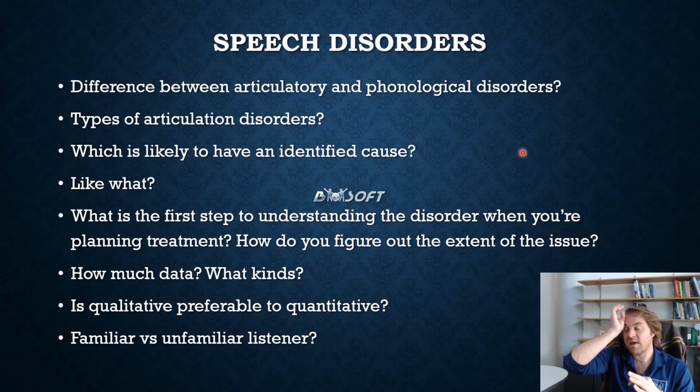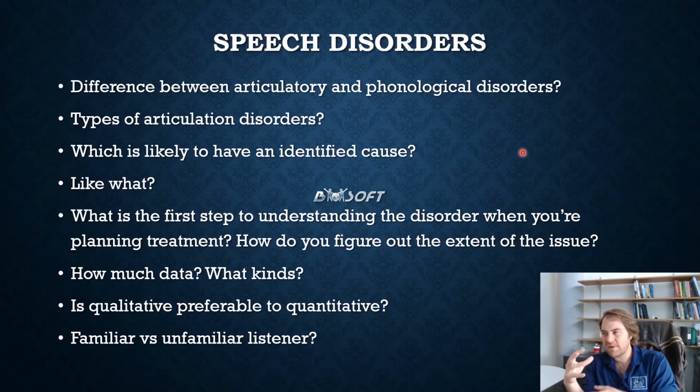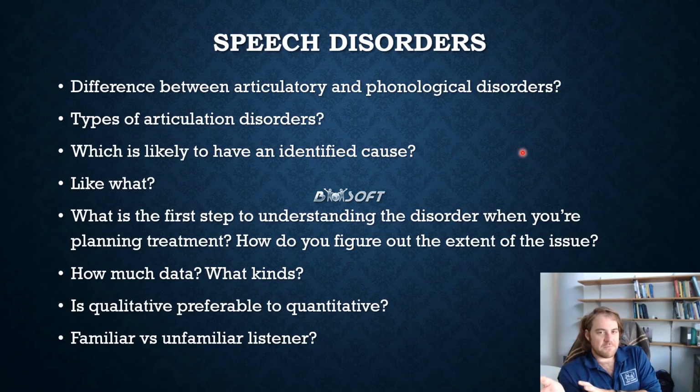But let's say "few" and "feel," and then maybe for some reason somebody might say "few" and "seal" instead of "feel," and that could be a phonological disorder, because it's in the same position, it's at the beginning of a word, it's before kind of an E sound. There's a little bit of a difference in the E sound, but they should be able to produce that the same way.